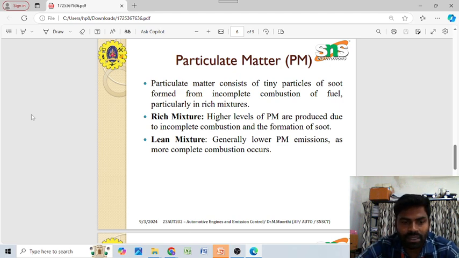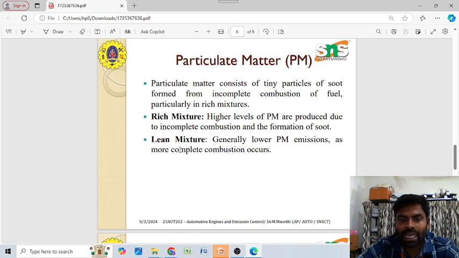It means there is insufficient oxygen from the air, so it is not enough to burn the fuel completely, and part of the fuel is unburned and emitted to the exhaust. So the rich mixture tends to form particulate matter in the higher range. In the rich mixture, higher levels of particulate matter are produced due to incomplete combustion and the formation of soot.